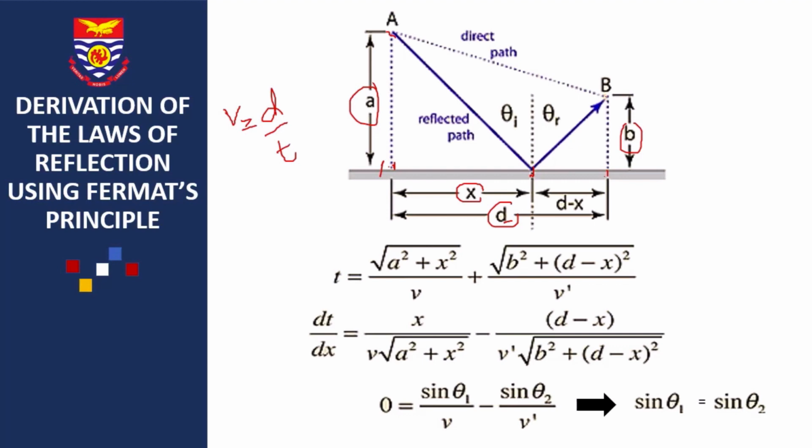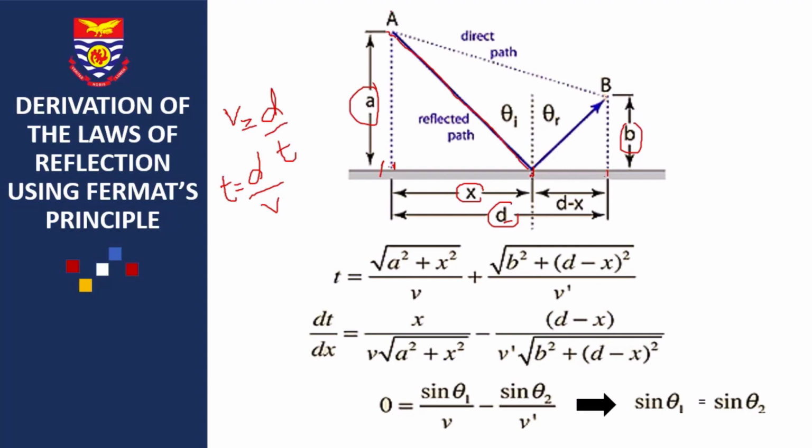So here, let's make the time the subject, where we have t equal to distance d over velocity v. Our distance right now is going to be this long part, from the big A to the point of incidence, and that is our incident ray.